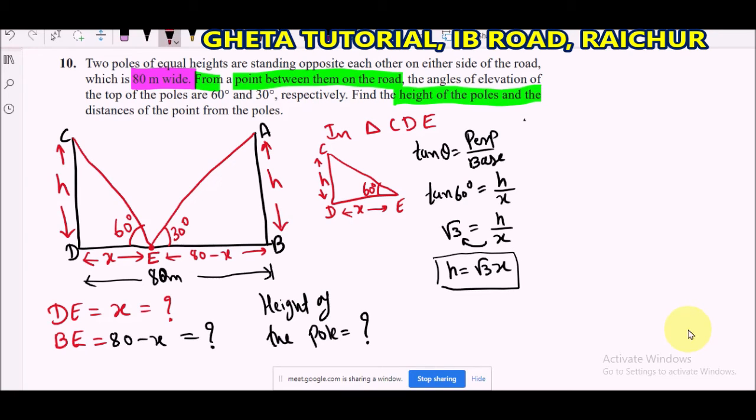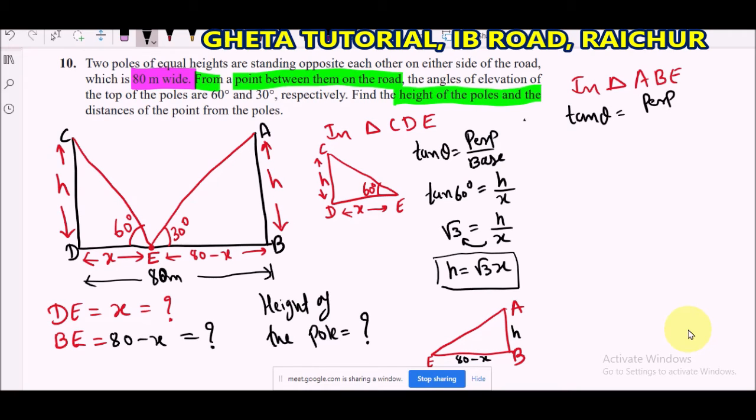Now one more triangle we have here: triangle ABE. In this triangle ABE, BE we know is 80 minus x, and AB is the height. Tan theta is perpendicular by base. Here theta is 30 degrees, perpendicular AB is h, base is 80 minus x.